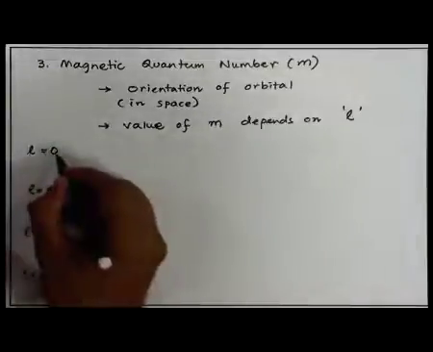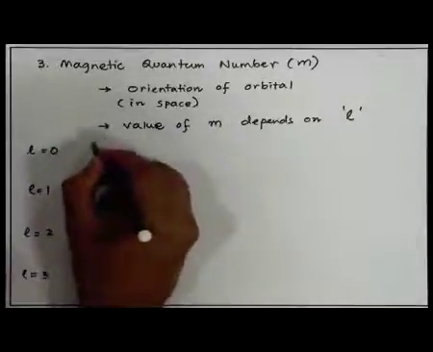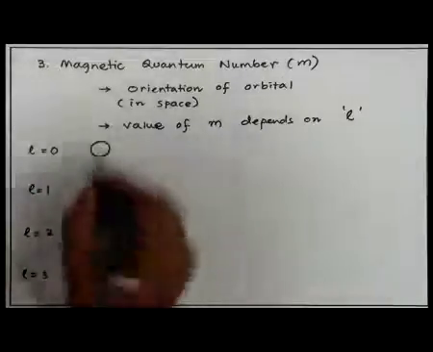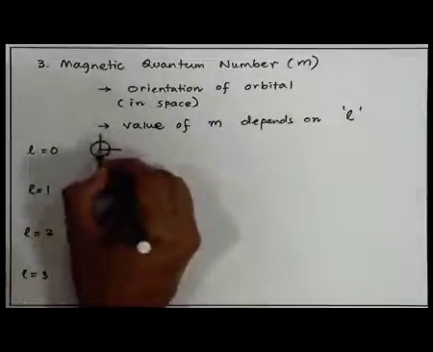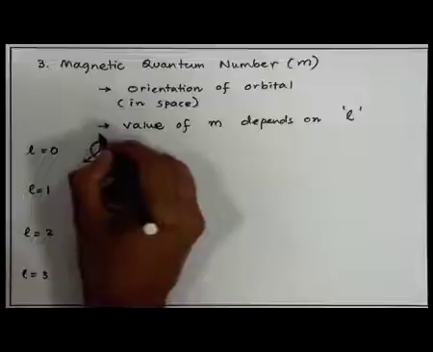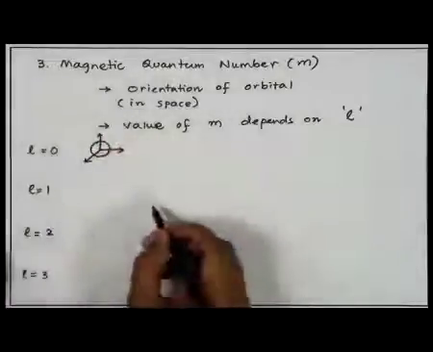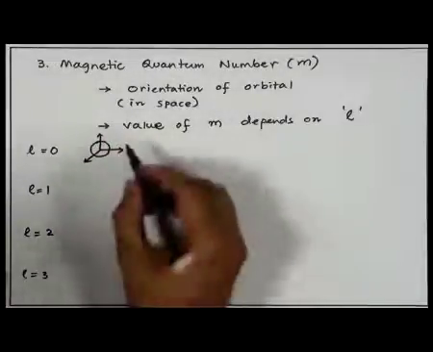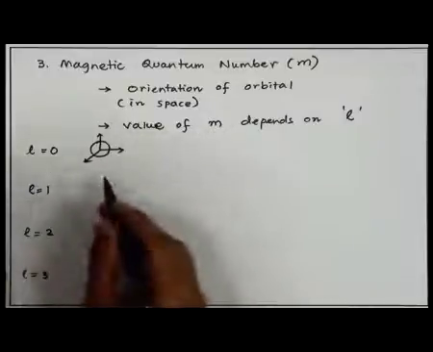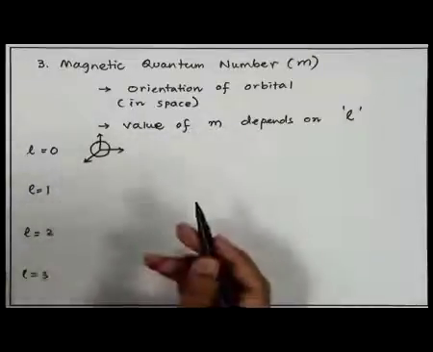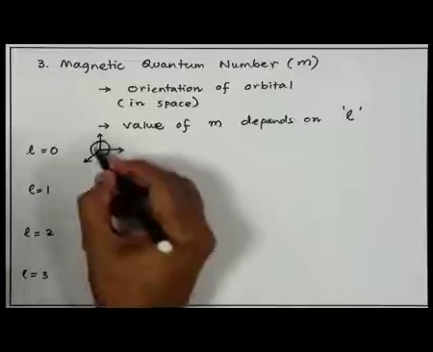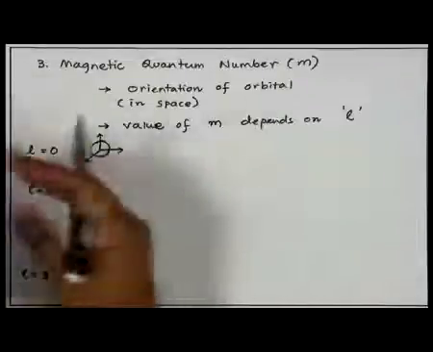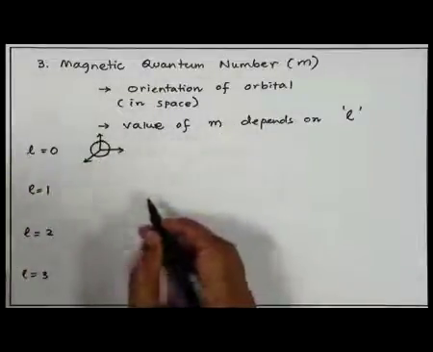When l is 0, it is an s orbital and the shape is a sphere. Let us say I draw my x axis, y axis, z axis, and I am showing you a sphere. How many ways can I orient this sphere? The answer is 1. There is nothing called reorienting the sphere because it is symmetric along all directions.